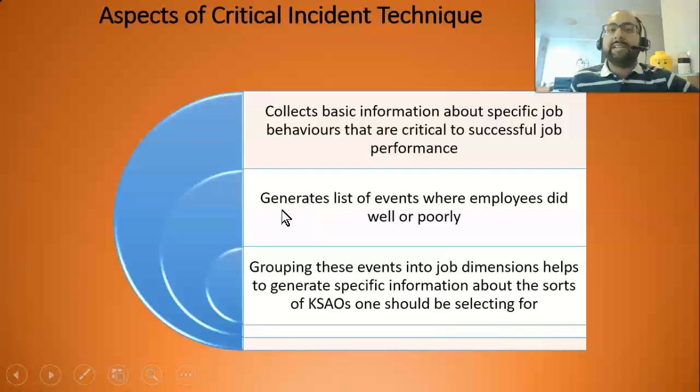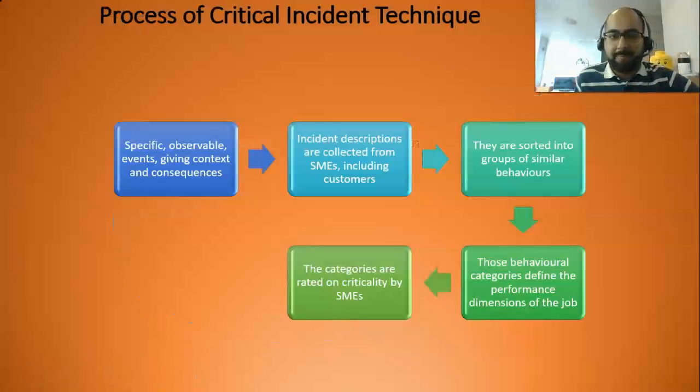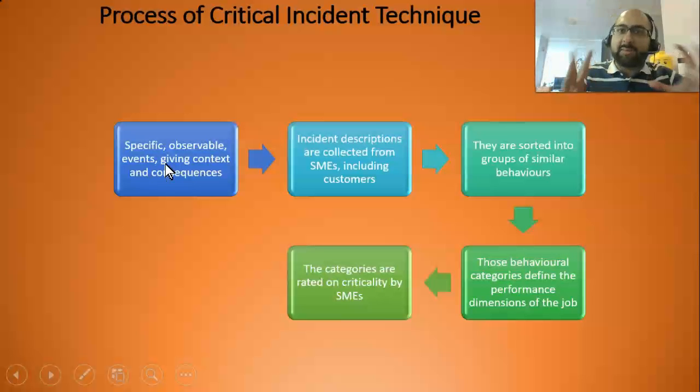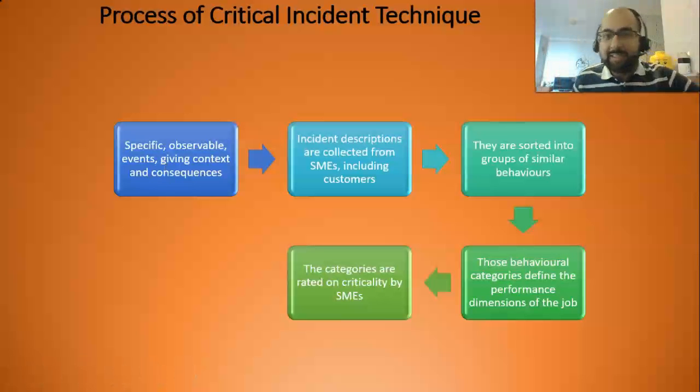Then generate the list of events where employees did well or poorly based on the critical incidents, and then group these events into job dimensions, which helps identify the KSAOs that we're selecting for. So again, we have events. The critical incident specifically talks about an event, a thing that happened, an incident, so to speak.